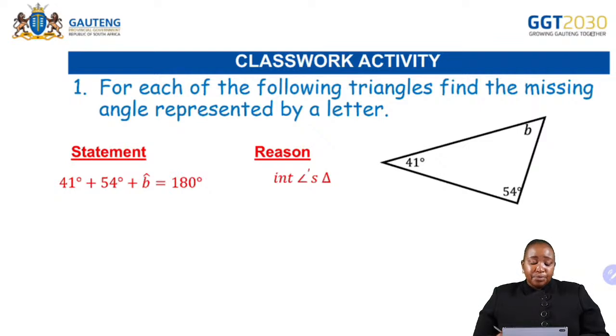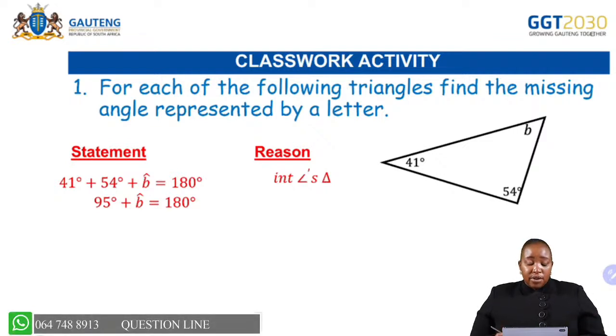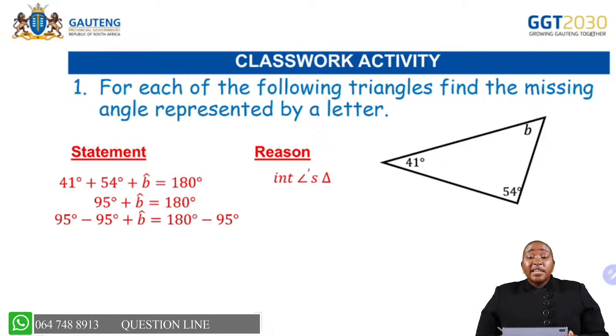All right. Okay. From here, you collect your like terms. And then you are now going to use the 95 degrees and subtract it on the left and subtract it also on the right. And on the left, 95 degrees minus 95 degrees will give you a 0. And on the right, 180 degrees minus 95 will give you 85.